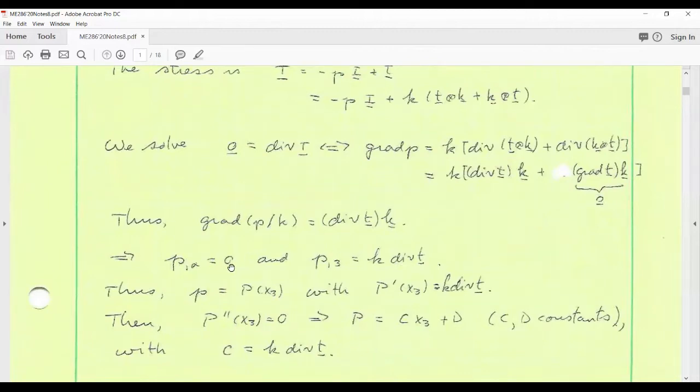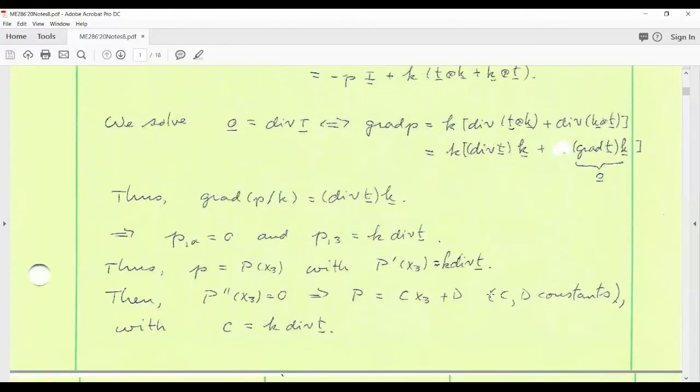So this first pair of equations tells us that p is some function of x3 alone, call it capital P of x3. The comma 3 of that then is the ordinary derivative of capital P, and that has to balance k div t. We take a further x3 derivative of this, that tells us that capital P is a linear function of x3.